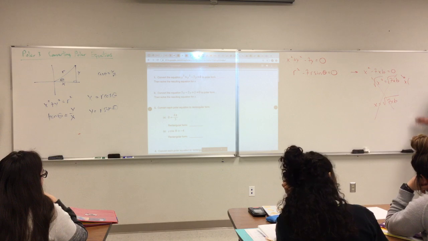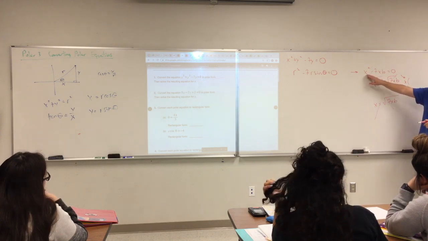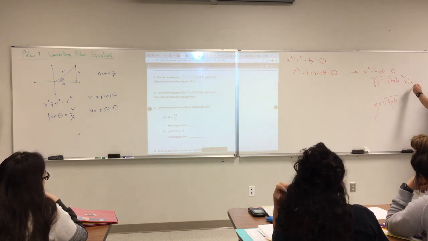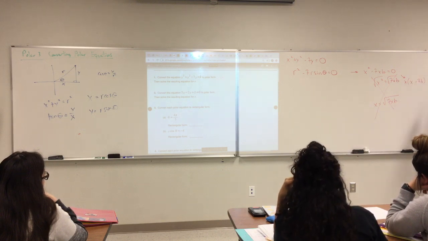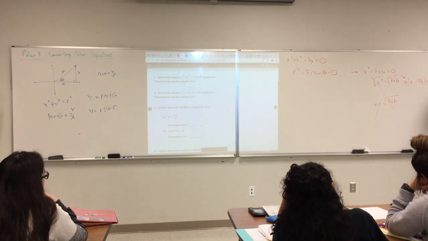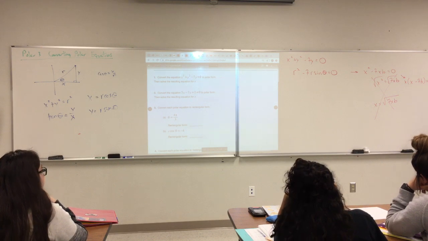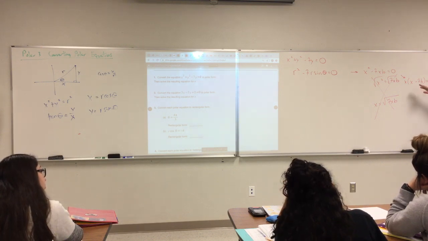So when I do that, what remains here in the first term is just a regular old x. And then I would say minus 7 equals 0. The benefit of factoring is now I can take this principle, okay?